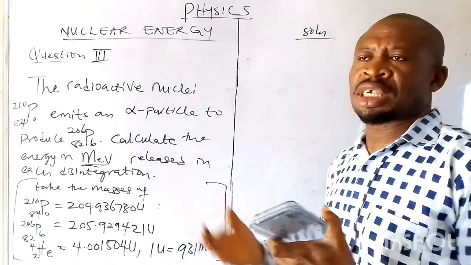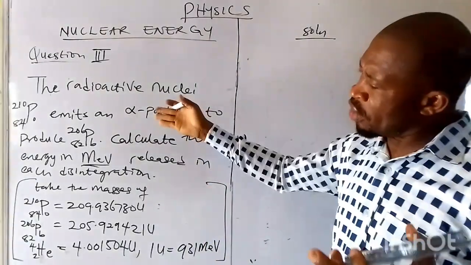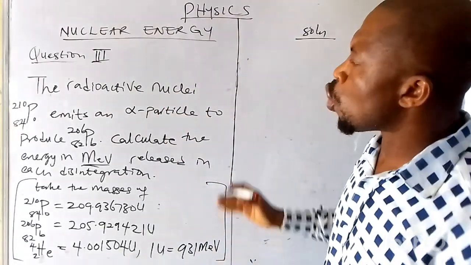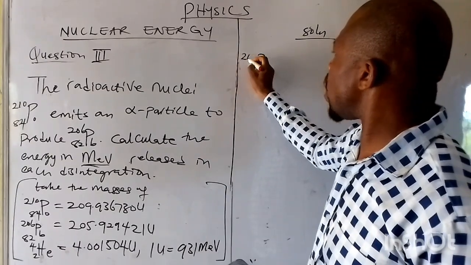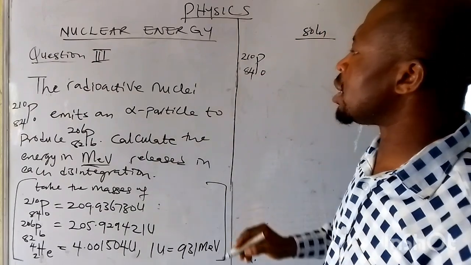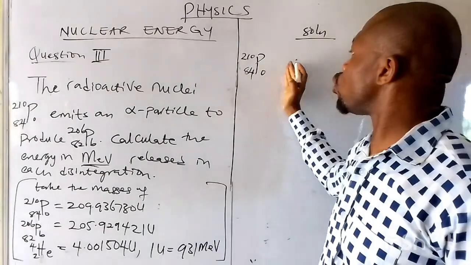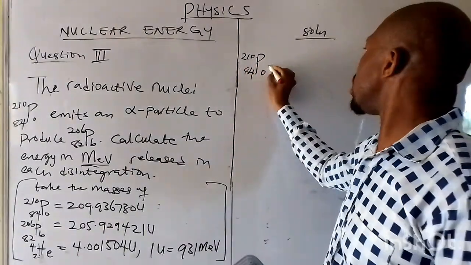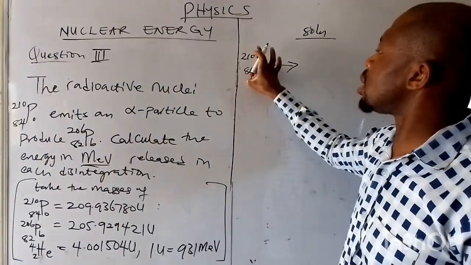So all we need to do first is represent the equation. If it is given like this, the first step is to represent the equation. So if we represent this equation, we now have polonium 210, 84, they said, emits an alpha particle. And of course, since it emits an alpha particle, we don't need to add anything again.